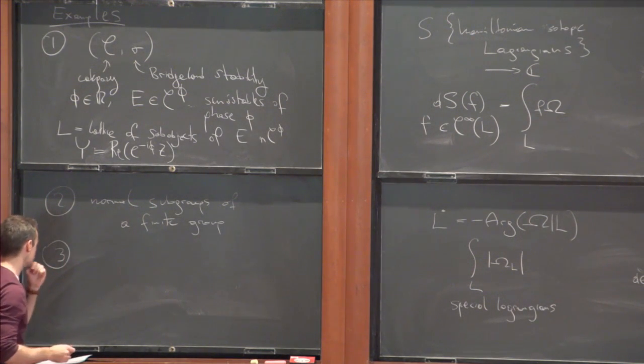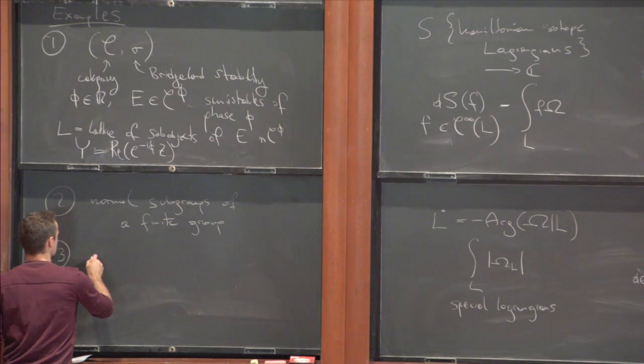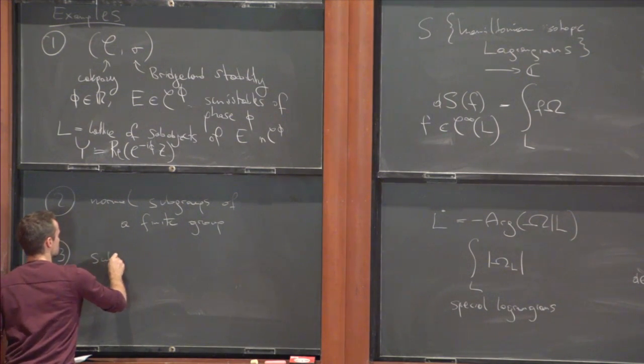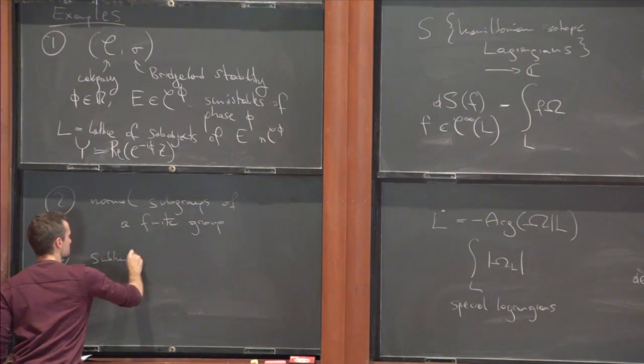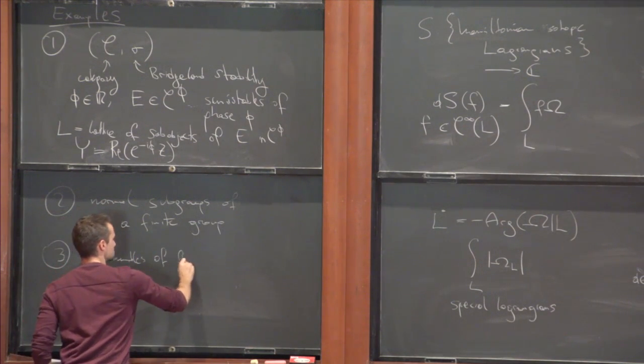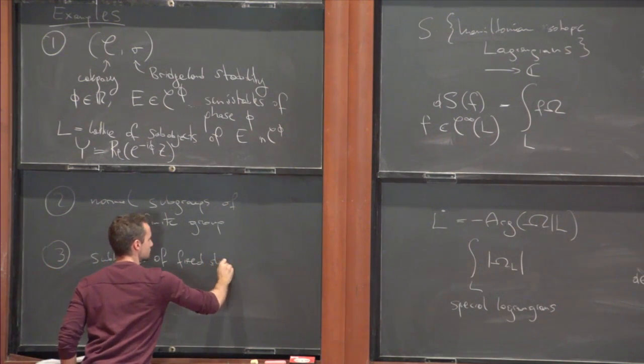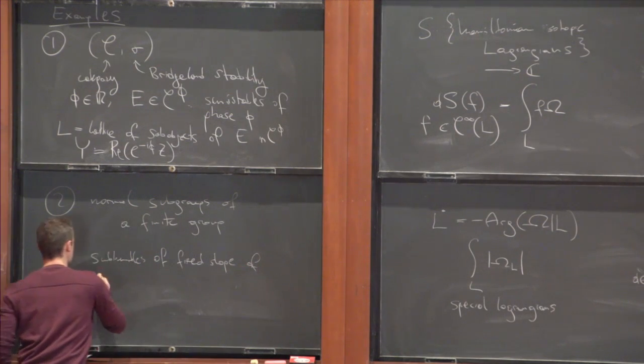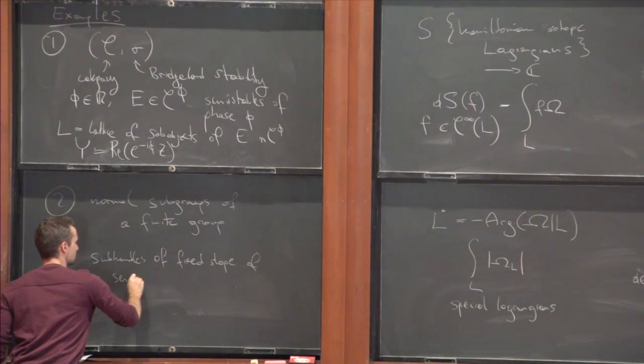Finally, an example that Kontsevich told me: if you take sub-bundles of fixed slope of a semi-stable Arakelov bundle.